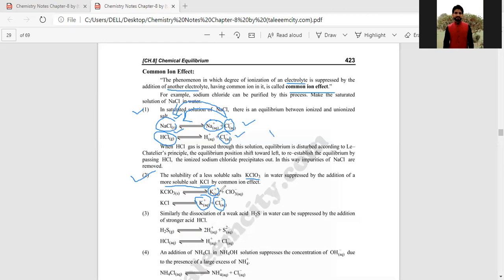These are increased in the medium because both equations are producing the same type of ions. So the increase in the same type of ions is disturbing the equilibrium. Due to that disturbance, these ions combine together and move towards the reactant. In this way, the dissociation of KClO3 will be suppressed.